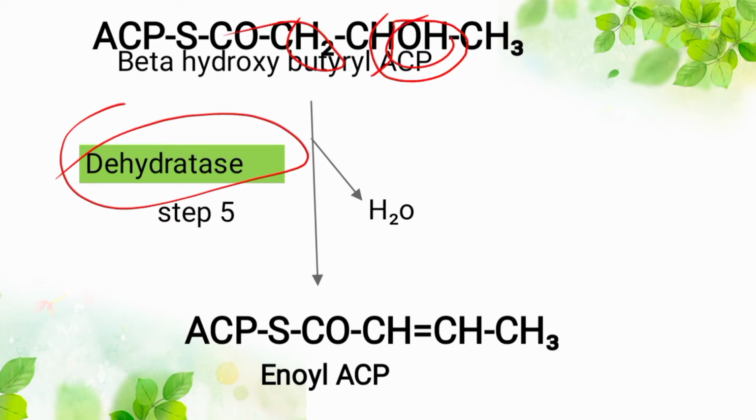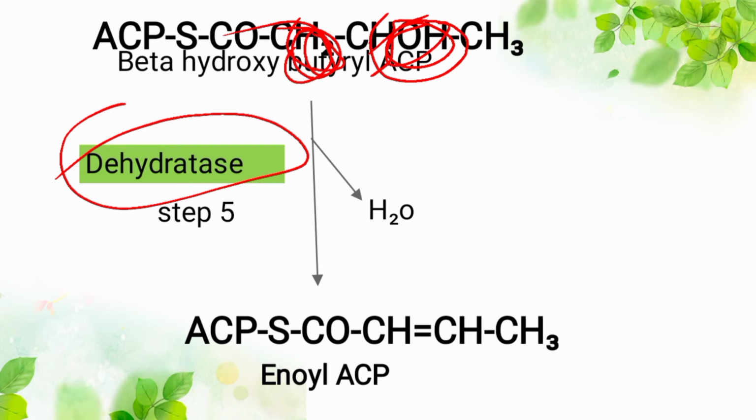He removes the OH here and removes the hydrogen here. He takes the hydroxy group from the beta carbon and takes the hydrogen from the alpha carbon. So it now creates a double bond between the alpha and the beta carbon.